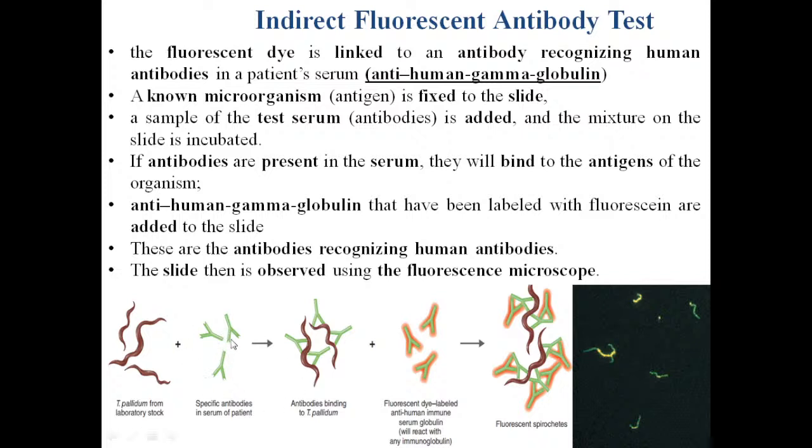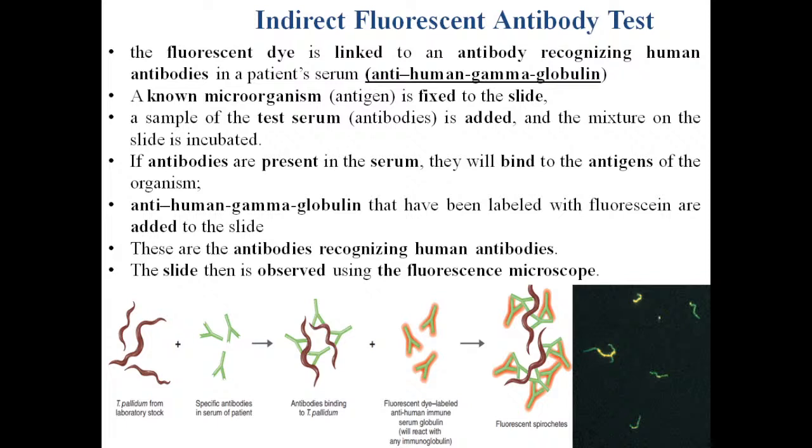We take serum from the patient who we suspect has syphilis. We mix them on the slide and incubate. If antibodies are present in this serum, they will bind, look here, they will bind to the antigens of the organism. But we can't see this result.